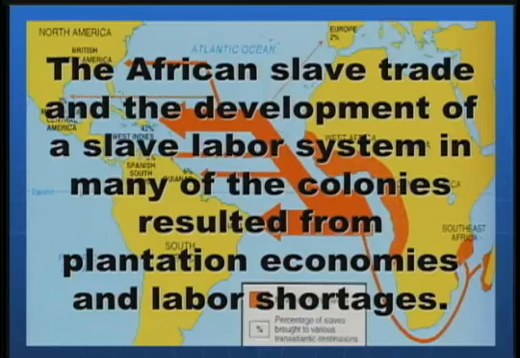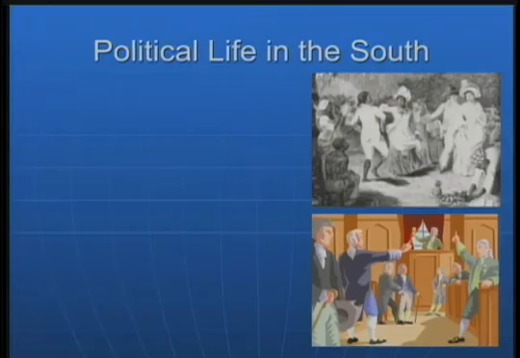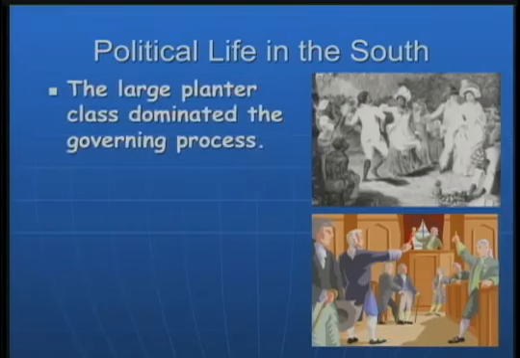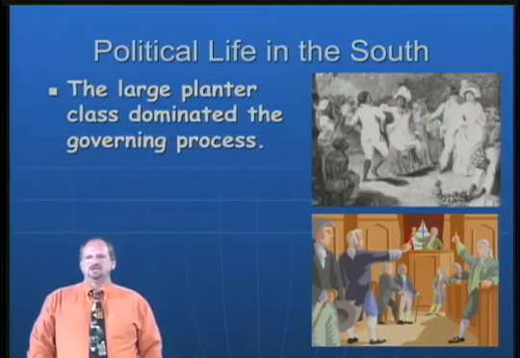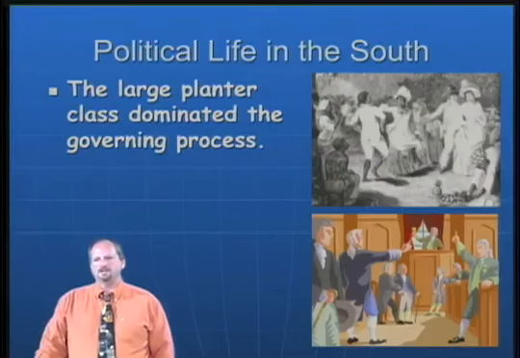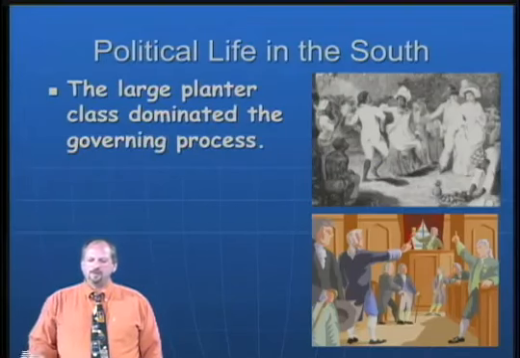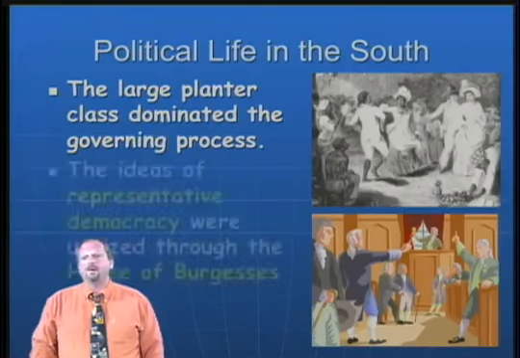The African slave trade and the development of the slave labor system in many of the colonies resulted from plantation economies and labor shortages. When it came to political life in the South, the large planter class dominated the governing process. That is, those with the money had the power.